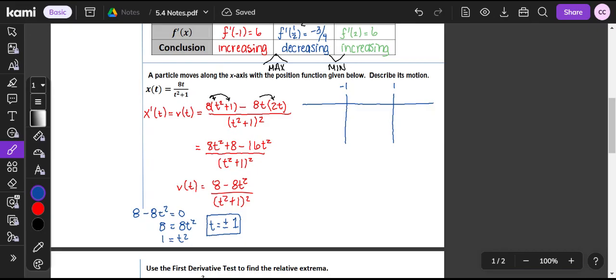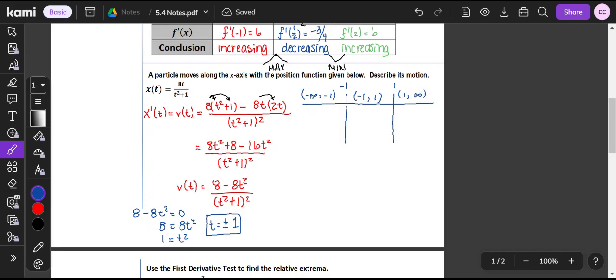So if I look at the interval of the function all the way up to -1, that's going to be from -infinity to -1. And then I look at the interval between -1 and 1. And then I look at the interval to the right of 1. So this is 1 comma infinity.